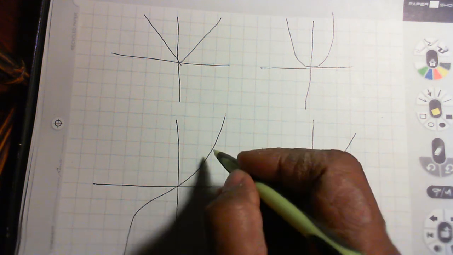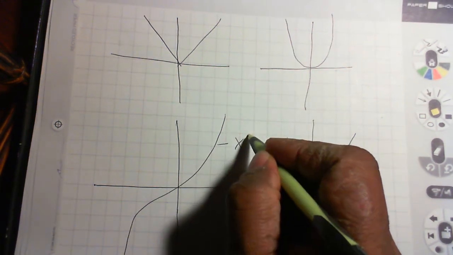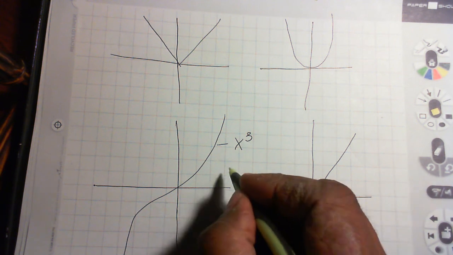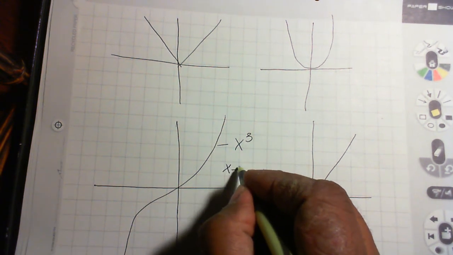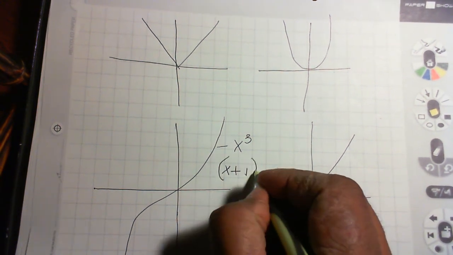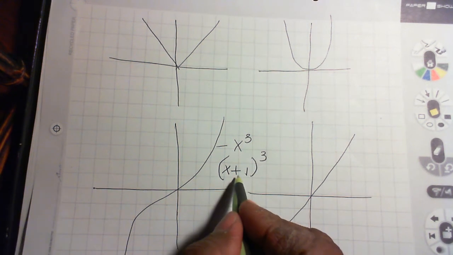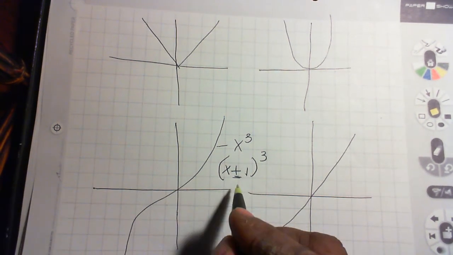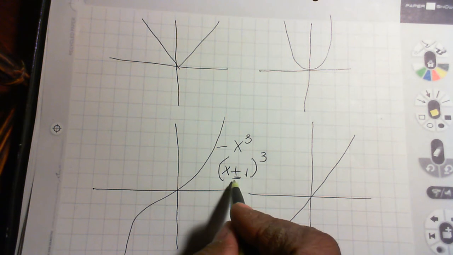You can shift them to the right. So this is x cubed, right? If you are adding or subtracting from the x, before you cube it, you are moving left or right. For example, x plus 1 cubed. This one is kind of opposite of what you are really thinking.